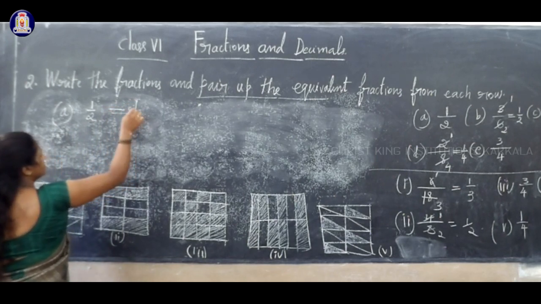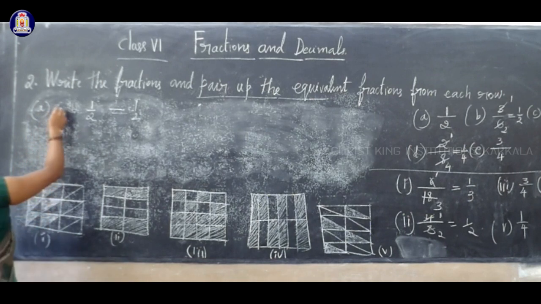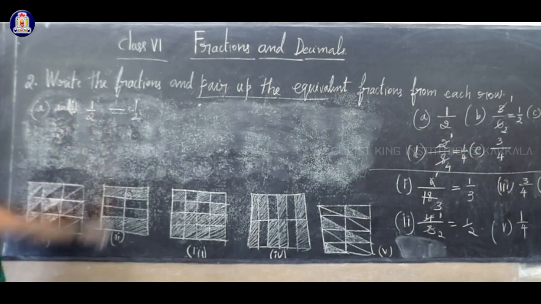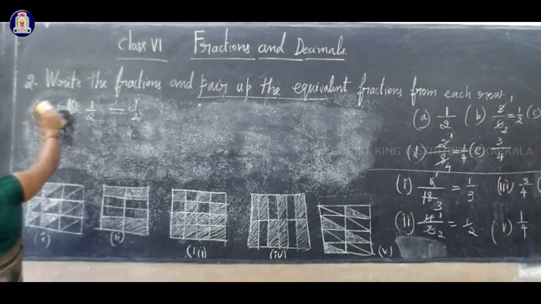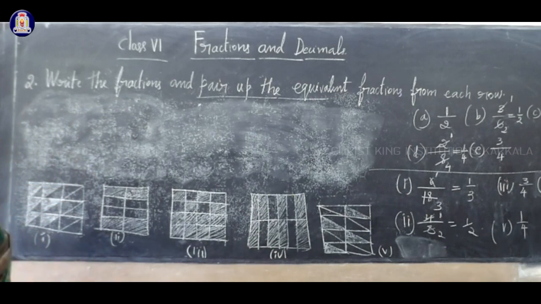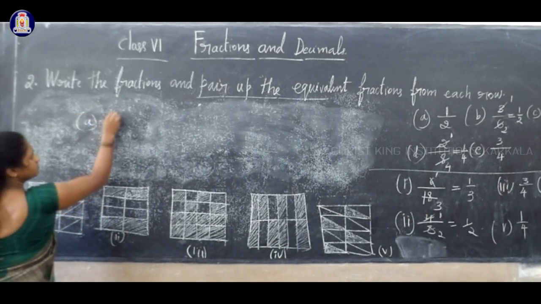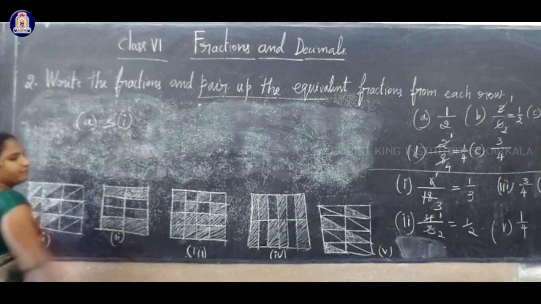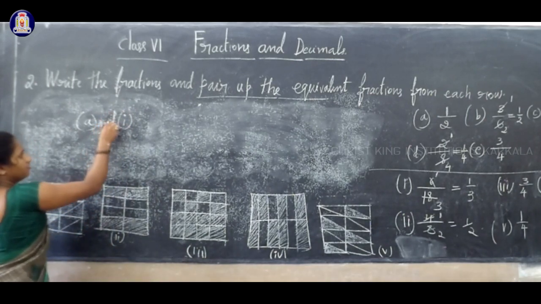So A and I are equivalent fractions, because 1 by 2 is equal to 1 by 2. Okay, A and I are equivalent fractions.